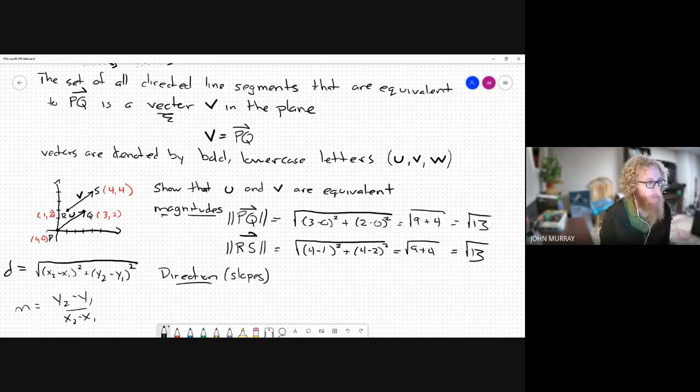So the slope for PQ, I'll write m with a little PQ there, is 2 minus 0 over 3 minus 0, which is pretty simple. We get 2/3. And the slope for RS is going to be 4 minus 2 over 4 minus 1, which again gets me 2/3.